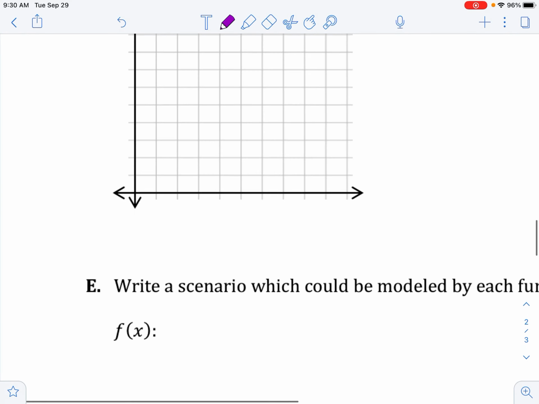Next, graph each function so that all the points in your table can be seen. So on my x-axis, when I'm labeling this, my first tick mark is 0, and you don't have to label it because it always has to be 0. Then I'm going to do 1, 2, 3, 4.